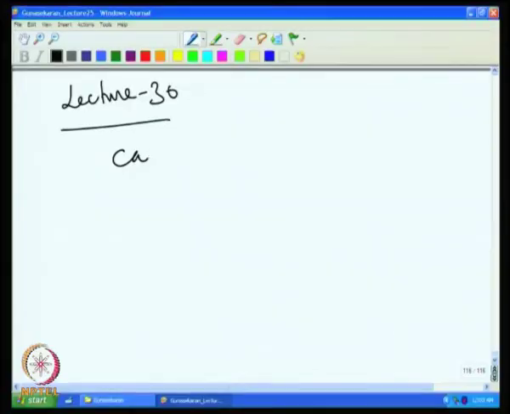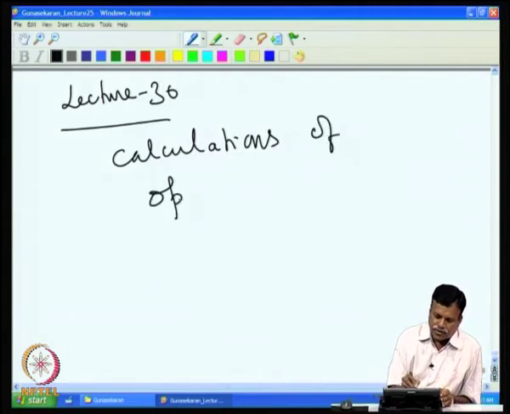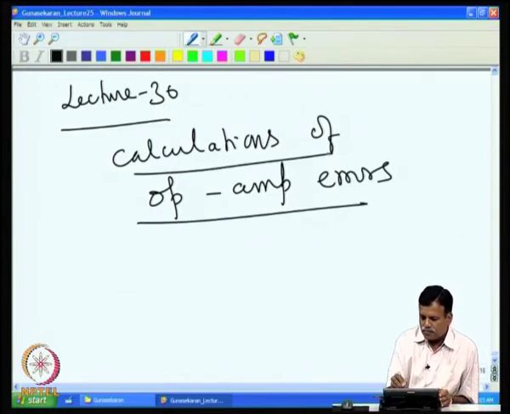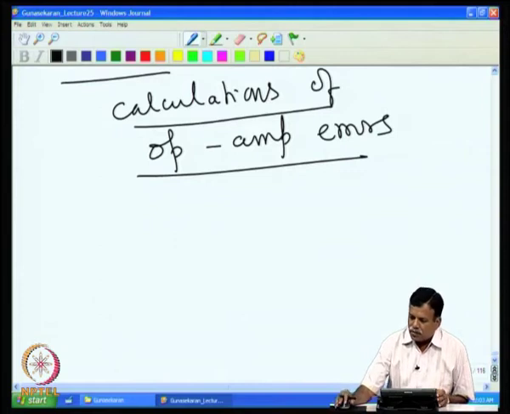So, we will see the calculation of various op amp errors. We will take different circuits and see how these errors appear, and how to compute these errors in a given circuit.